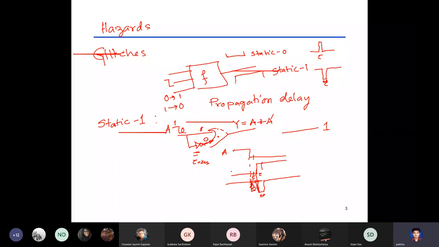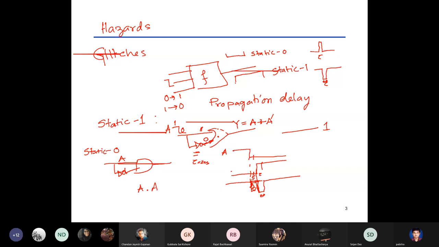Similar thing can happen for static 0. Static 0 can happen in this kind of situation. You have A and A naught, which should be equal to 0, and this is A plus A bar, which should be equal to 1.